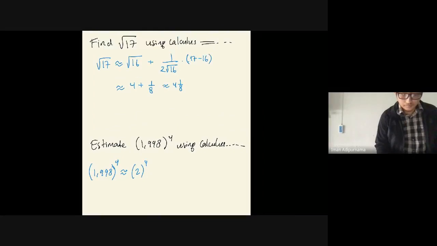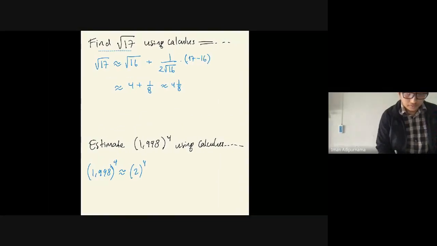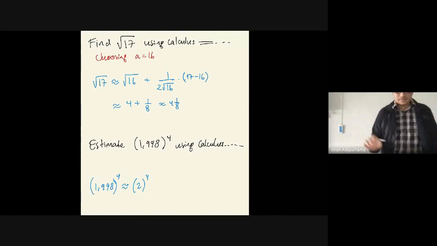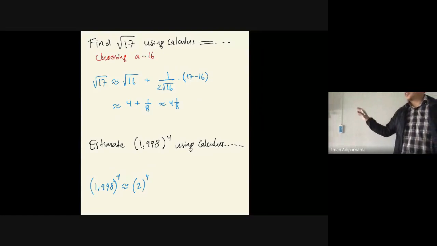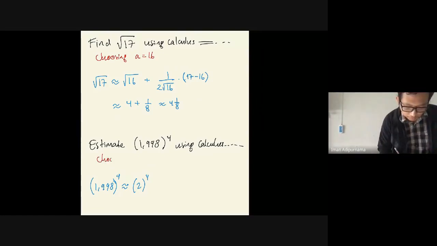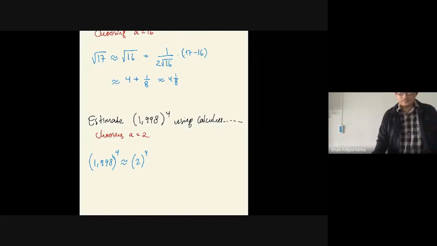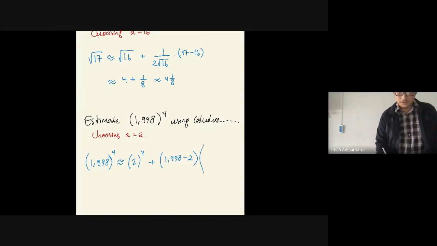So here, maybe write, choosing a is 16. I will write directly, and I didn't write the expressions clearly, but I'm writing the answer. The plus, and then multiply by the 4.